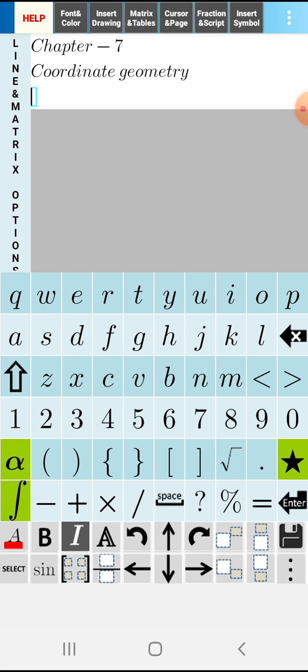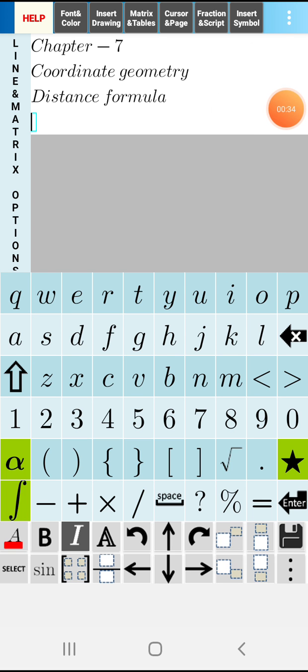There is a distance formula for coordinate geometry. The distance formula is like this.